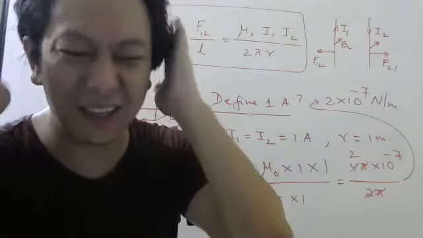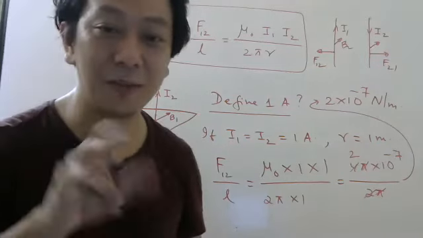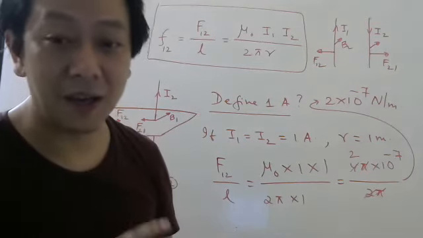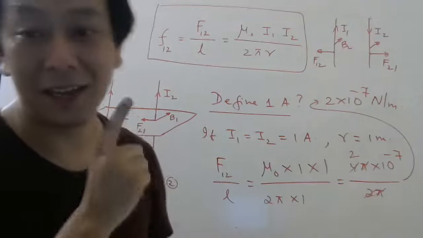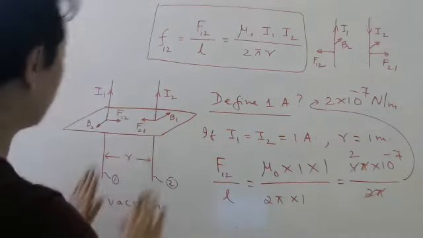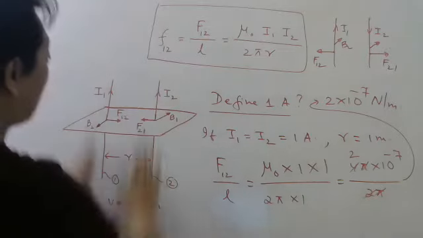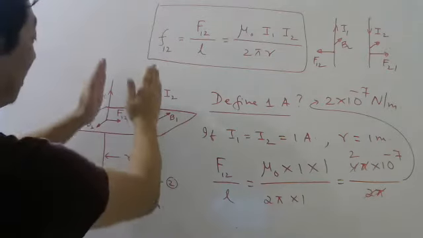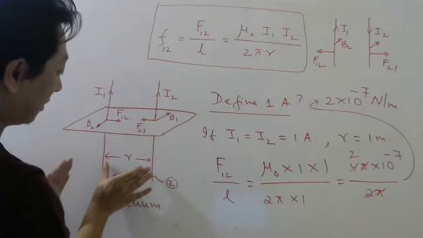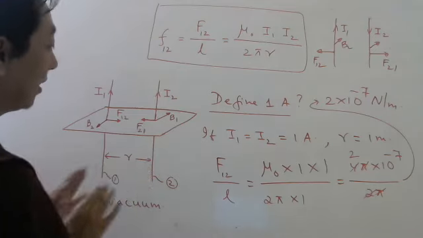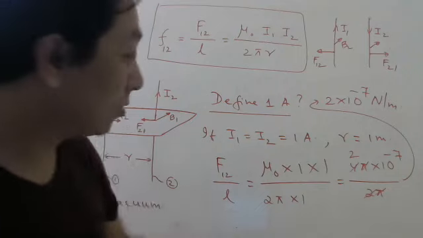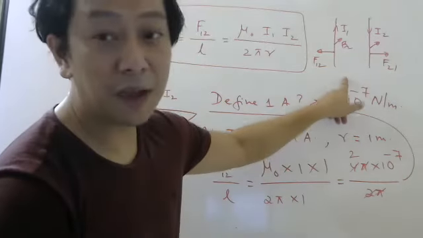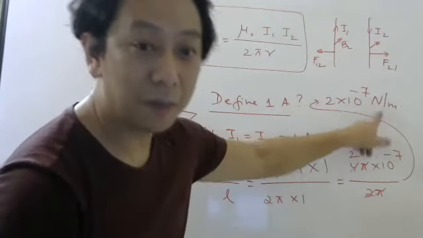Now in the book I think they have told it like this. Let me tell you the book one. 1 ampere is that current which, when it flows through two long parallel wires kept in vacuum at a distance of 1 meter apart, they exert a force on each other equal to 2 into 10 to the power minus 7 Newton per meter.